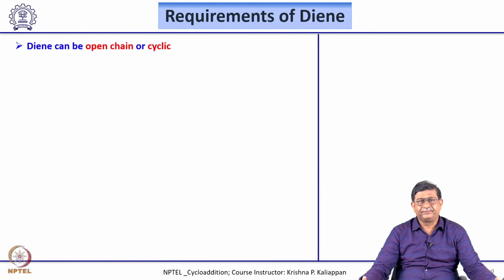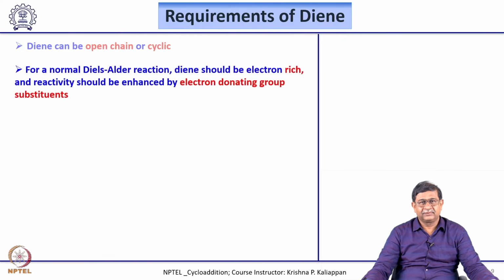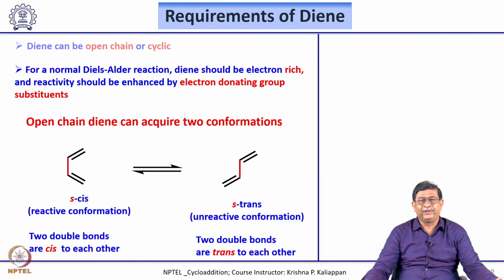First of all, the diene should be either an open chain compound or cyclic. Then, as I said, for a normal 4+2 cycloaddition reaction to occur, the diene should be electron rich, or in other words, the diene should have electron donating substituents.